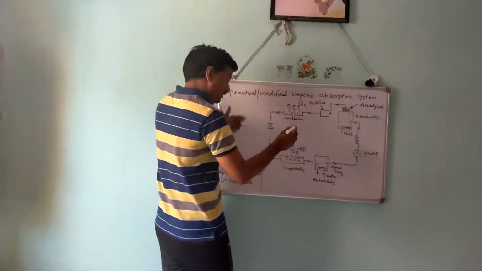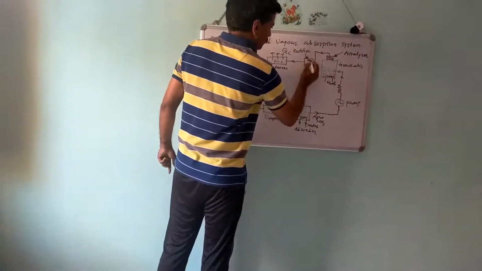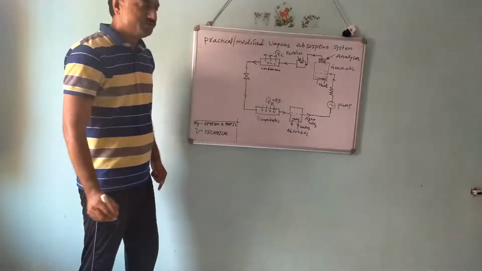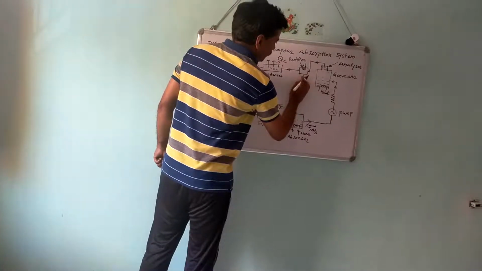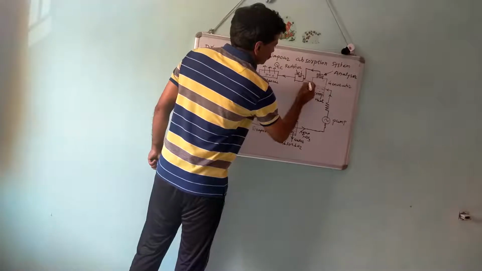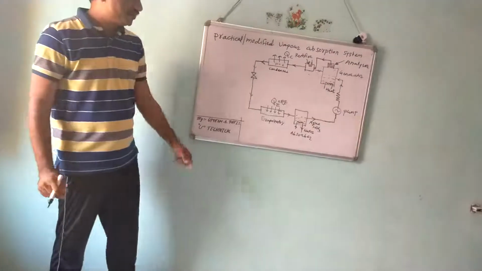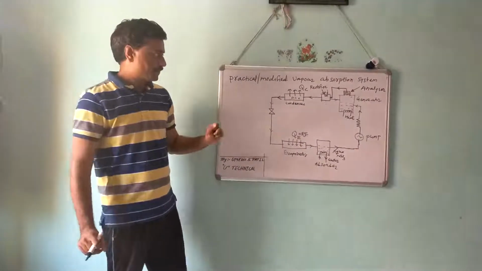So here in the rectifier, water is circulated, and due to circulation of water the vapors are condensed, and these condensed water vapors are again given back to the generator. And the rectifier will ensure that only ammonia vapors will enter the condenser.